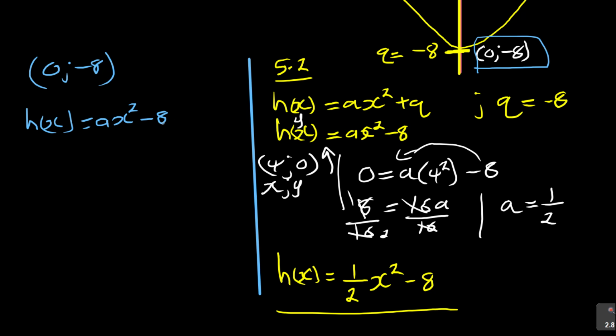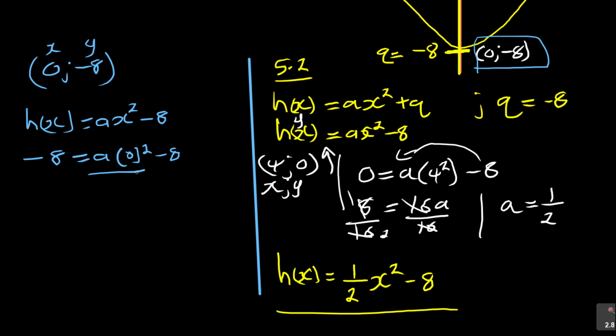We already established that q is minus 8. So here, this is your y, this is your x. But I think this one won't work, because let's try it. Negative 8, yeah, it's not going to work, because it's going to be a times 0 squared minus 8.